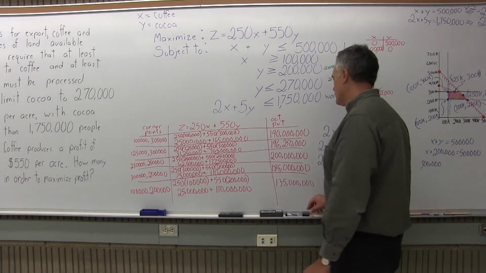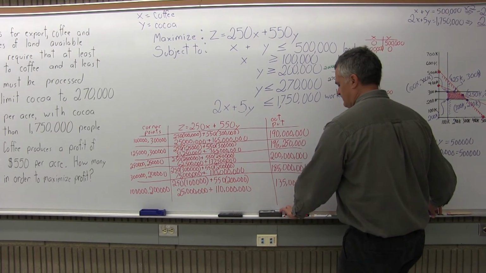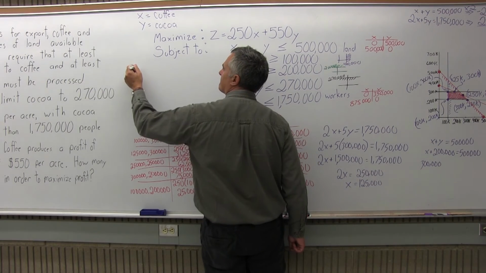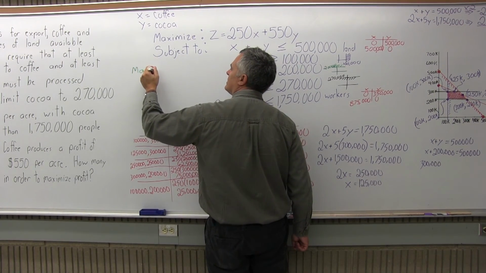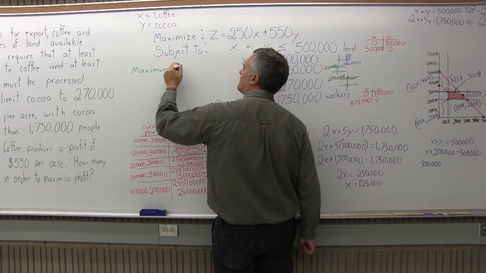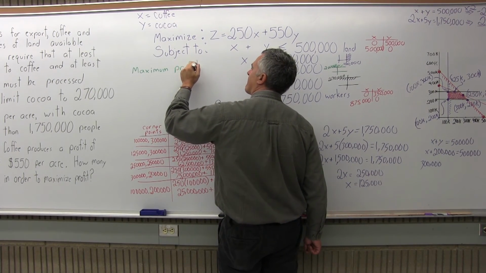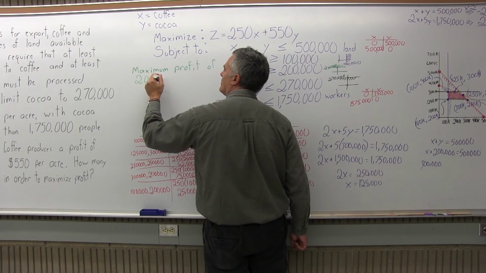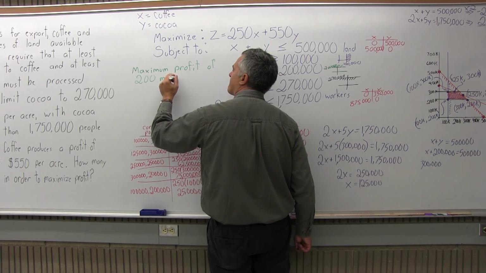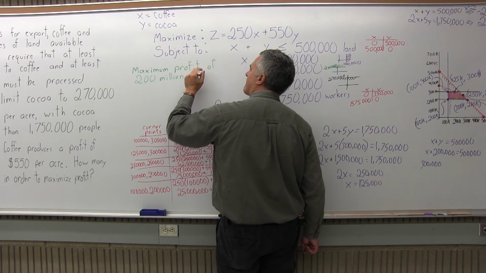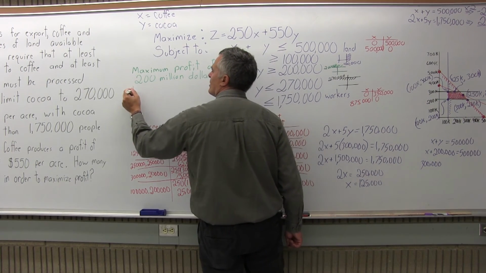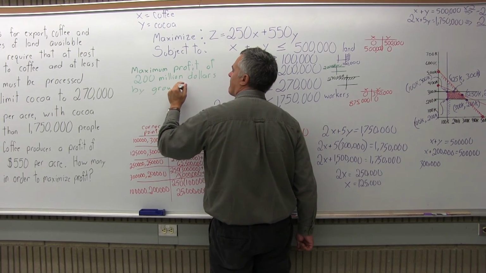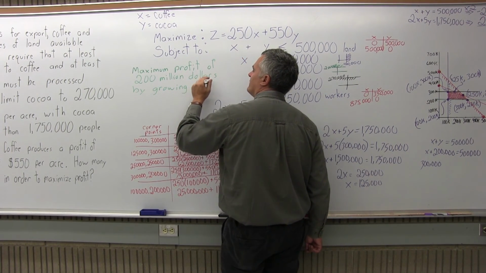So for the state your solution, I am going to put maximum profit of $200 million by growing 250,000.